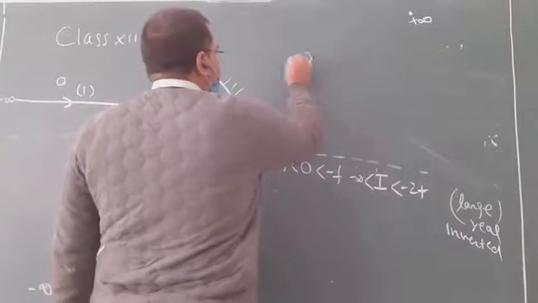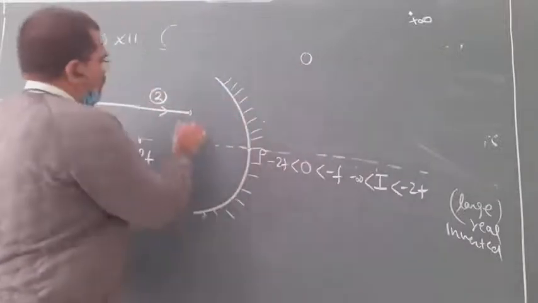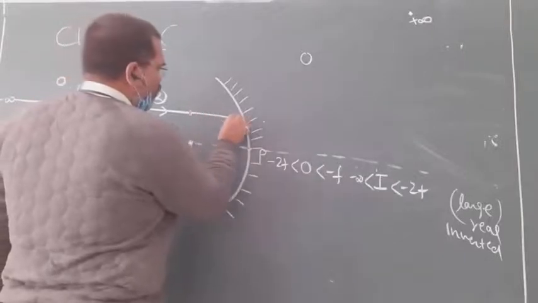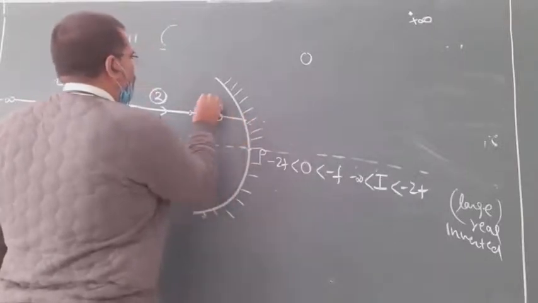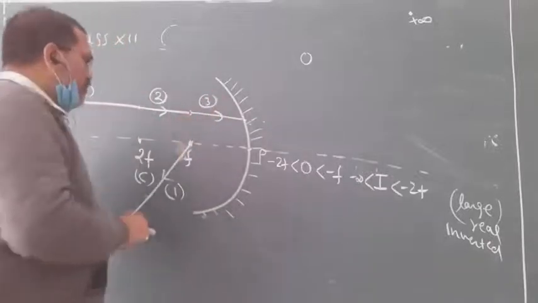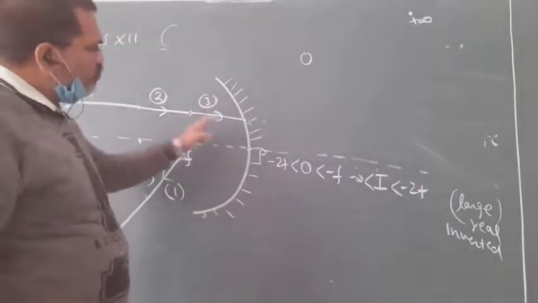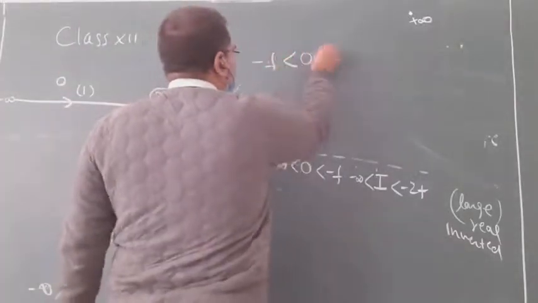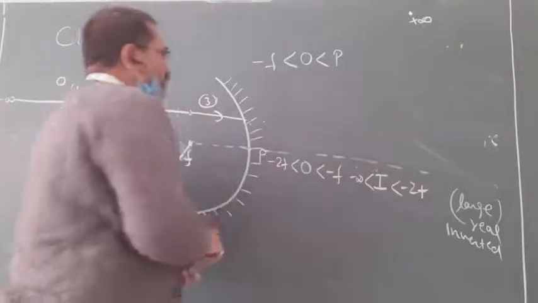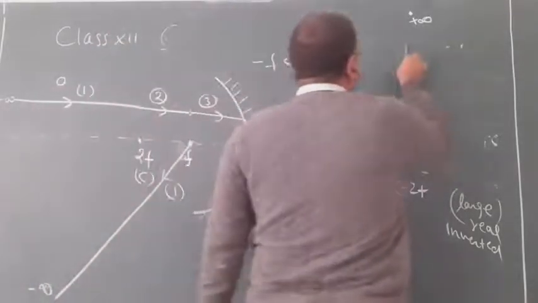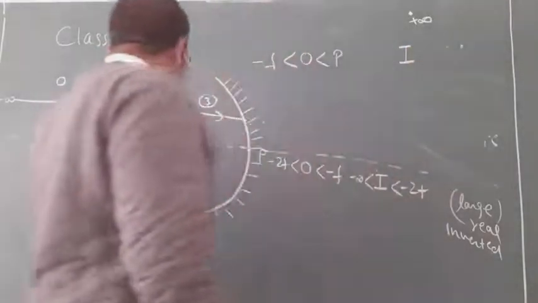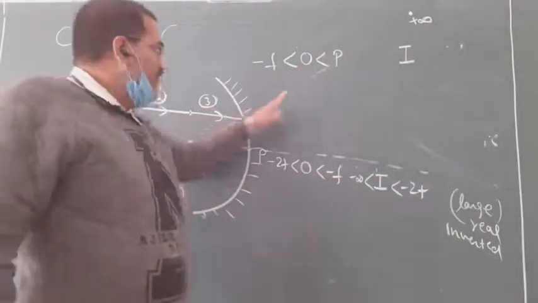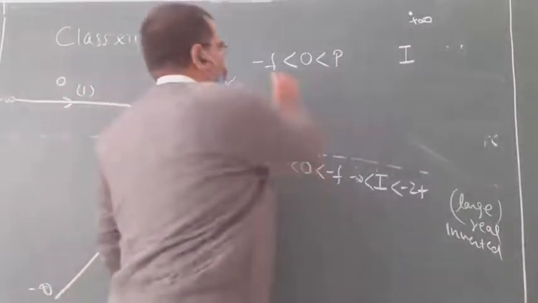So if object goes from f to pole, as object moves from focus to pole, then image will go from plus infinity to pole.